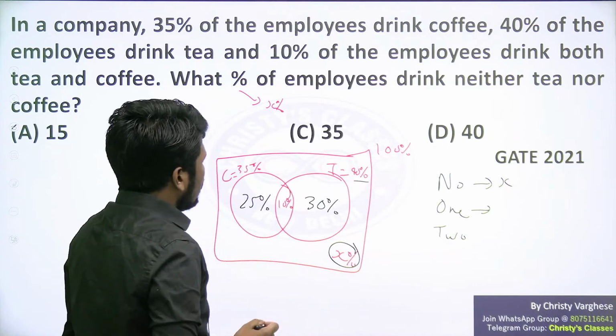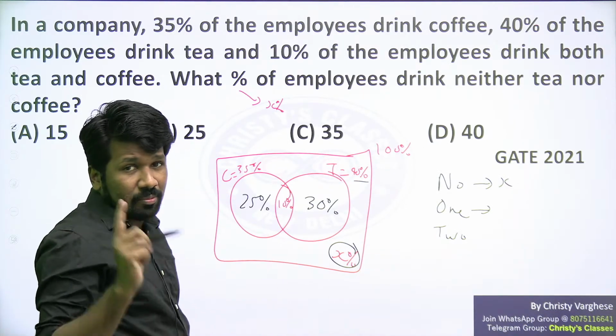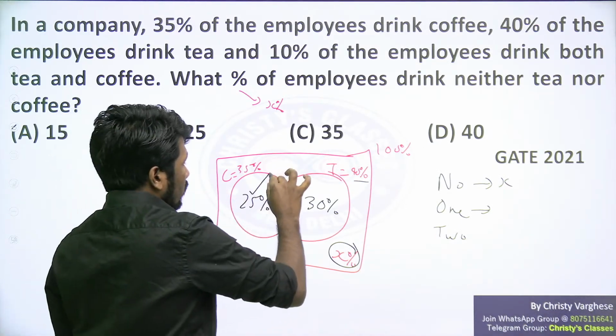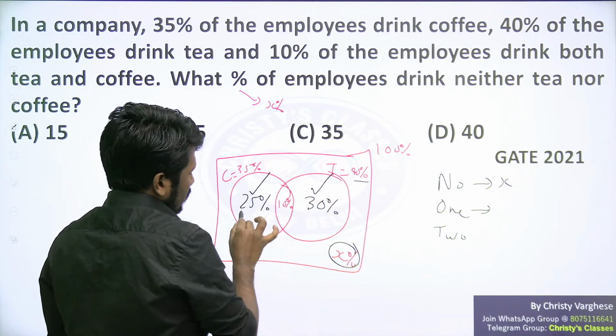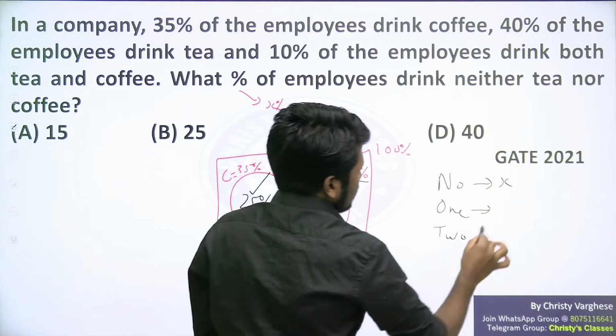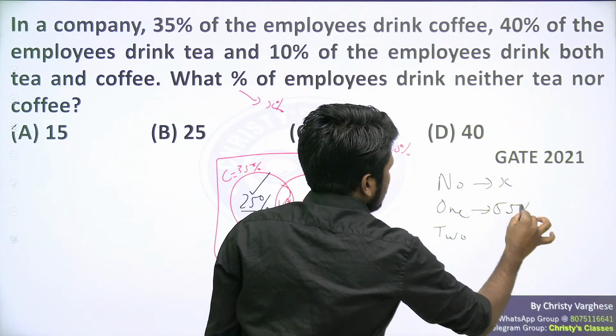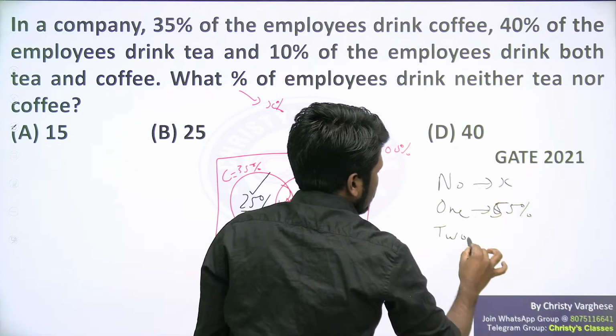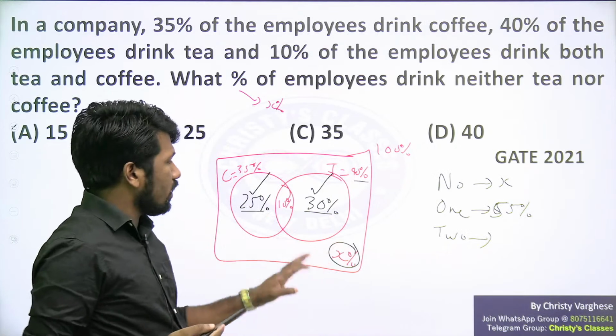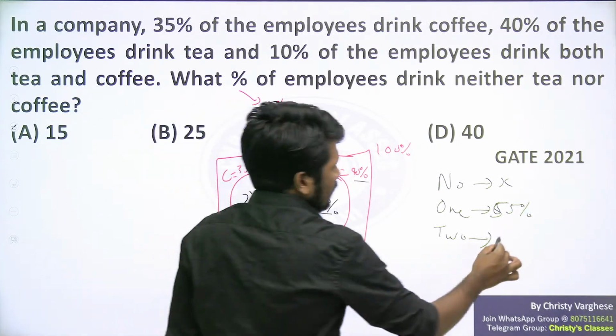So one drink drinking people, exactly one drink drinking people, that is what we need. That is coffee only and tea only. That is 25% plus 30%. That is 55% drink exactly one drink. And both drink or two drink drinking people is 10%, directly given.